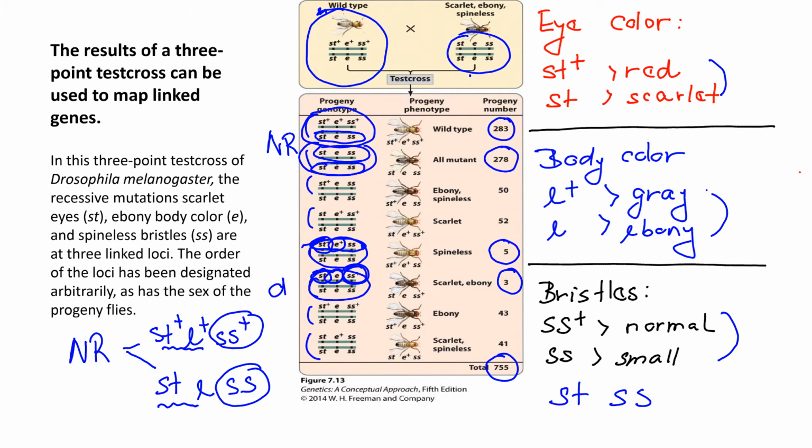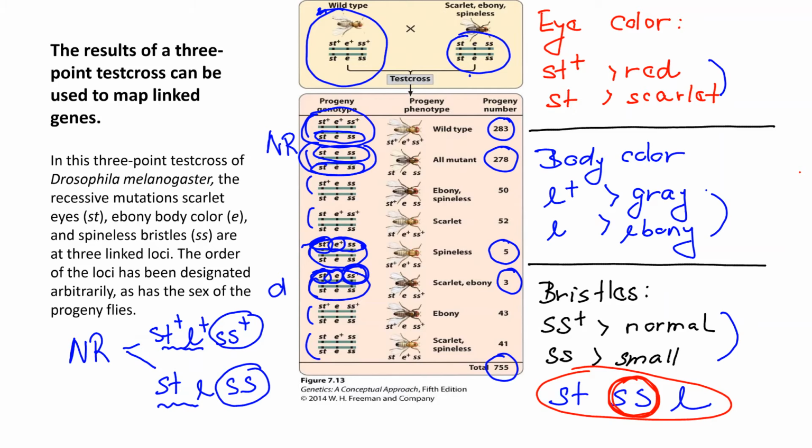Okay. Now, what you want to define here is which gene is in the middle, and we know that based on the comparison of non-recombinant with double crossed over individual progeny, SS is in the middle. Which gene is on the 5 prime end, whether it is ST, the gene for eye color, or the gene for body color, you cannot define.